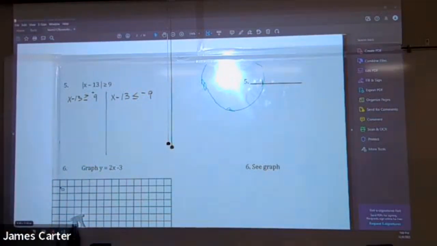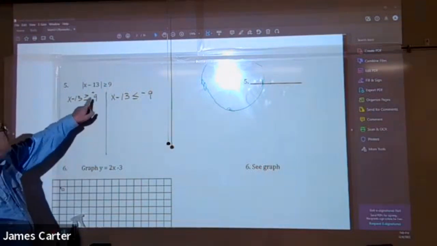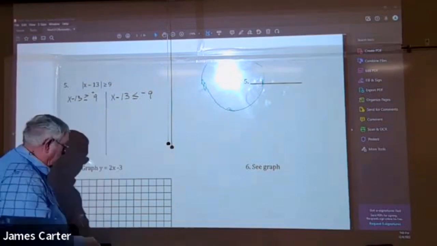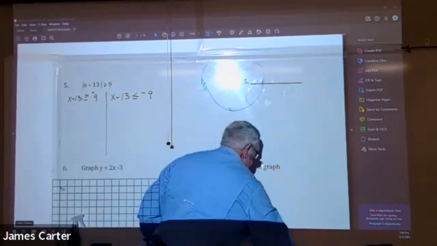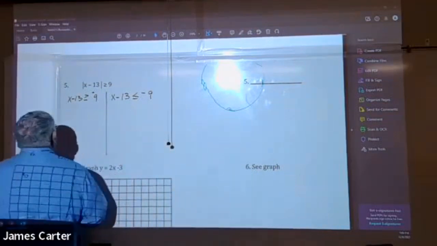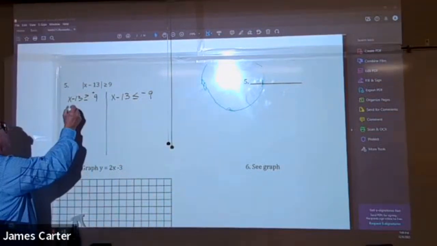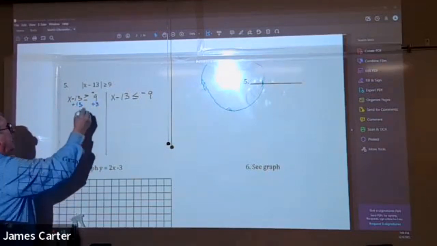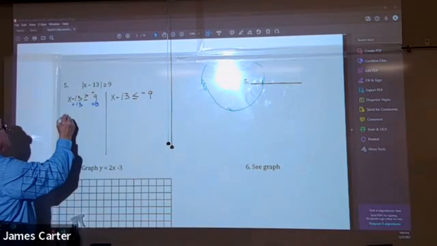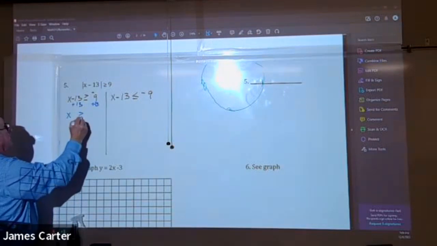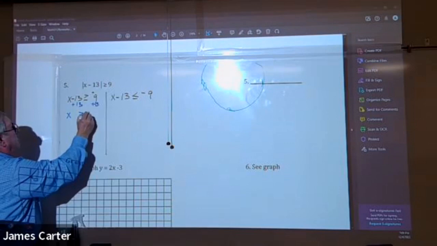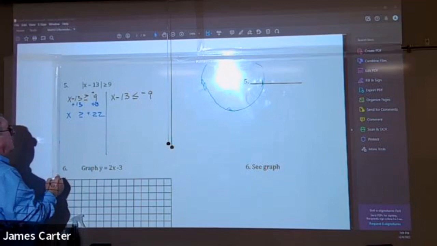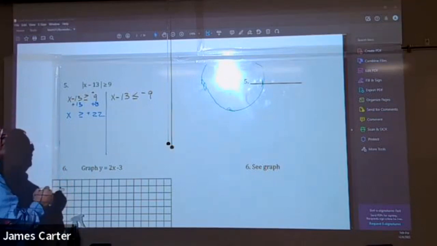I want to remind you again, not only do you take the negative side, but you also have to flip the symbol on the negative side. Now, from there, we want to take the 13 over to the other side. So we get X greater than or equal to positive, what, 22? Okay. So that's our value there.